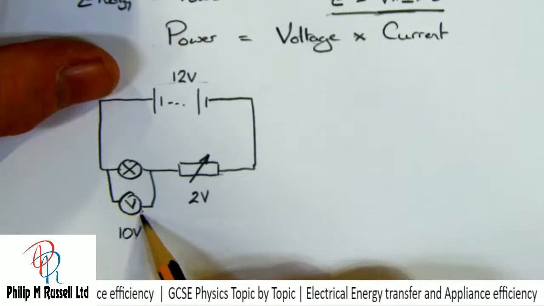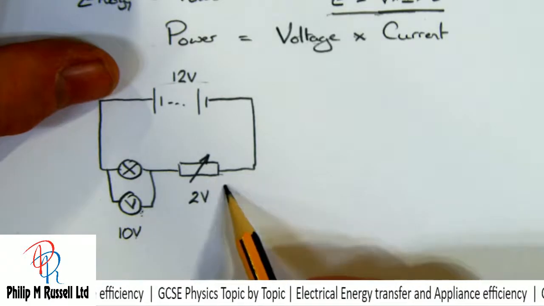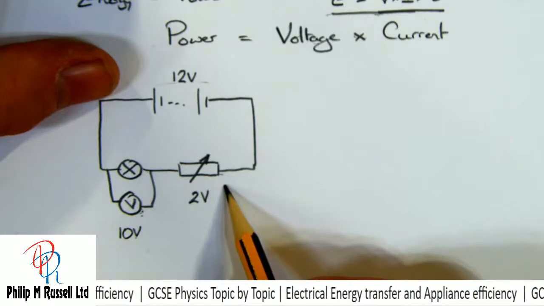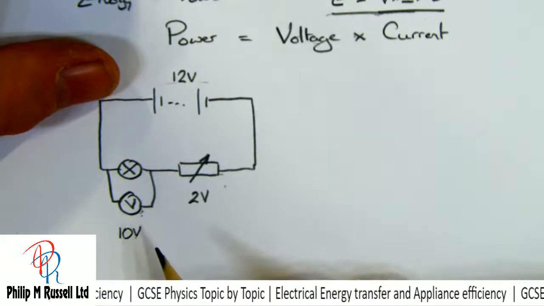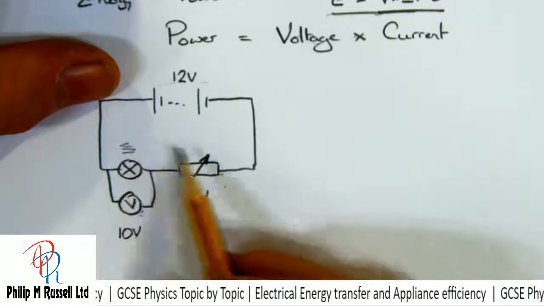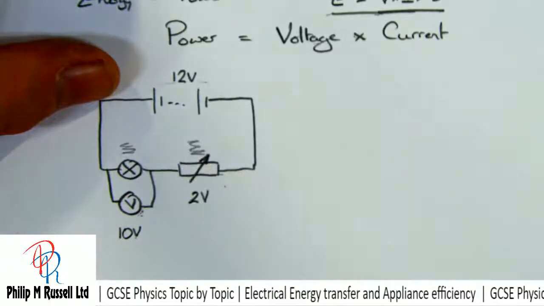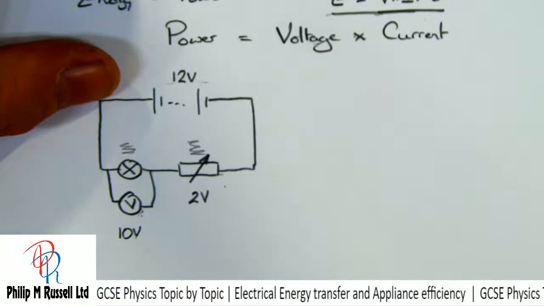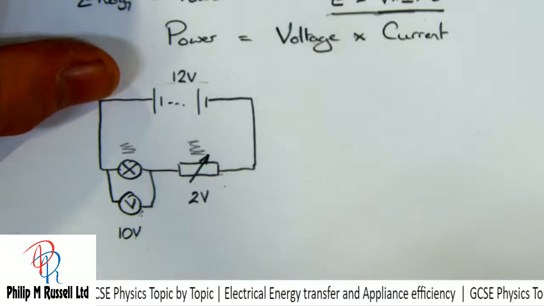The bulb becomes hot, emits light, the variable resistor becomes warm, and it heats the surroundings. So our energy is being dissipated both by the bulb and by this variable resistor.